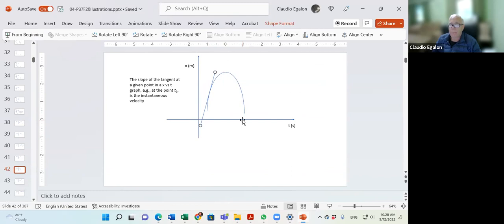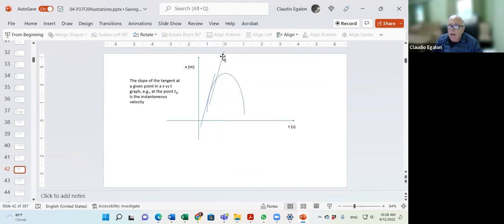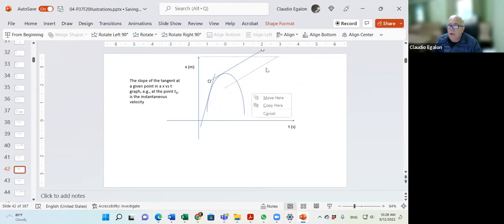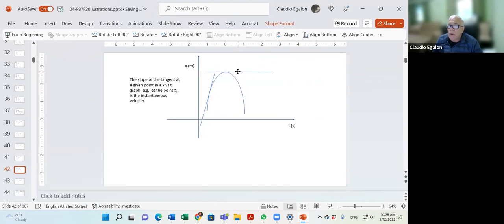Okay. At another place, let's say right here at the peak, right at the tip of this graph, the instantaneous velocity is going to be 0. Do you see that? Here we have a positive instantaneous velocity, because the slope is positive. Here we have a 0 instantaneous velocity because the slope is 0.